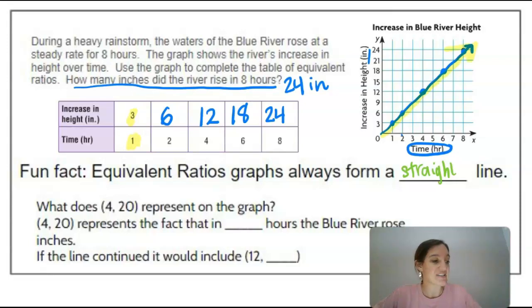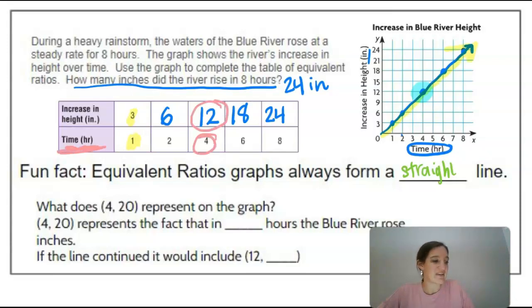All right, a couple more questions about this river. What does 4, 12 represent? When I'm here at 4, 12, what does that actually mean in this Blue River heavy rainstorm situation? Well, if we look at it, the 4 is dealing with time.